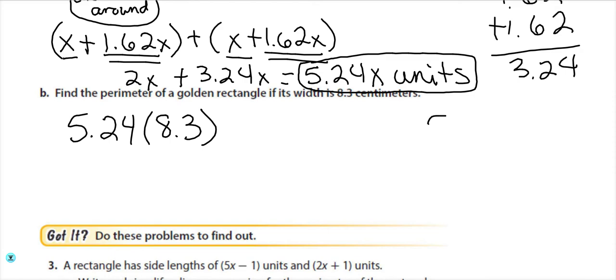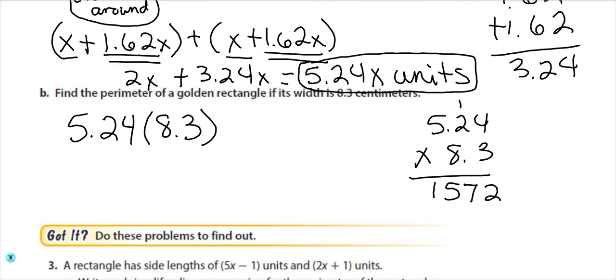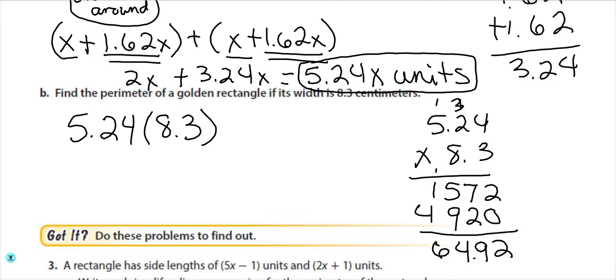Okay, so let's do 5.24 times 8.3. 4 times 3 is 12.